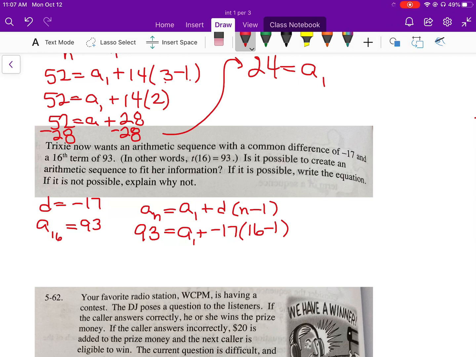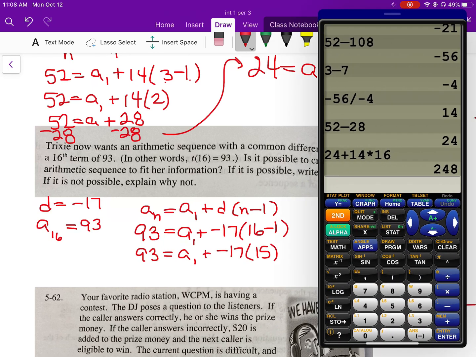Okay, ready? So 16 minus 1 is 15. Negative 17 times 15 is negative 255.